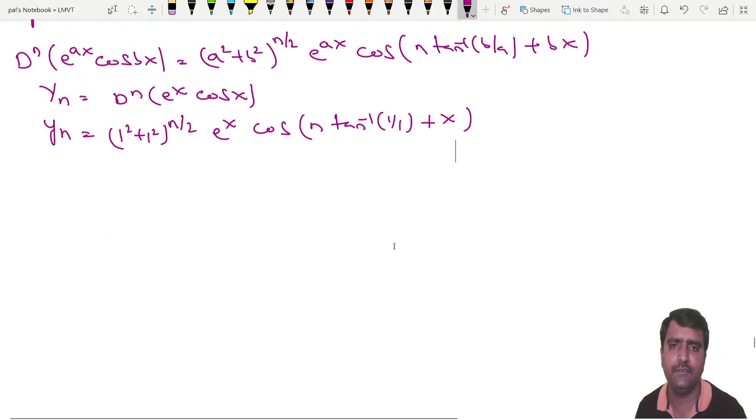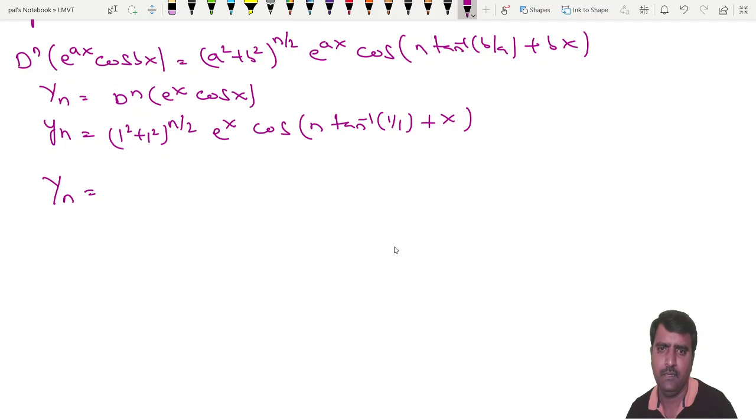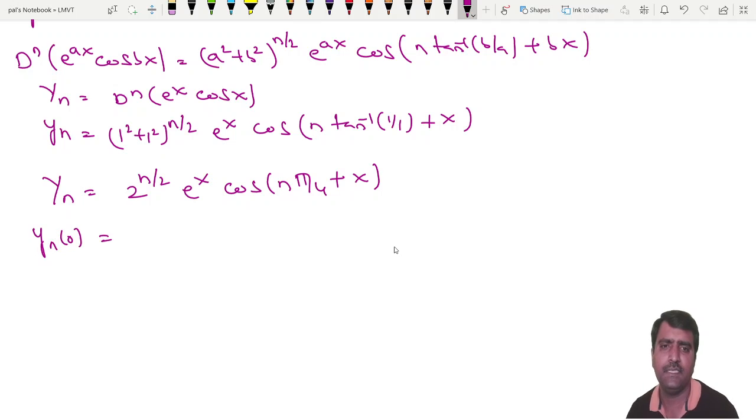So yn is equal to 1 plus 1 is 2 to the power n by 2 into e to the power of x cos of n tan inverse of 1. Tan inverse of 1 is pi by 4, plus x. So this is yn. You take yn of 0. Yn of 0 means you put x is equal to 0. So then it is 2 to the power n by 2 into e to the power 0 into cos of n pi by 4 plus x, where x is 0.